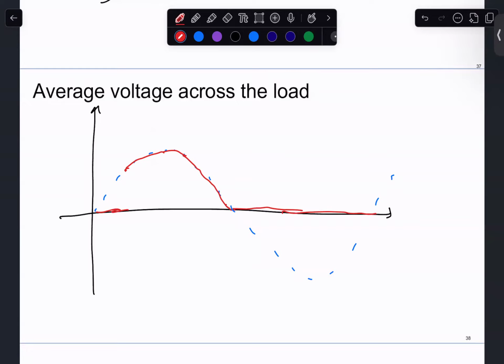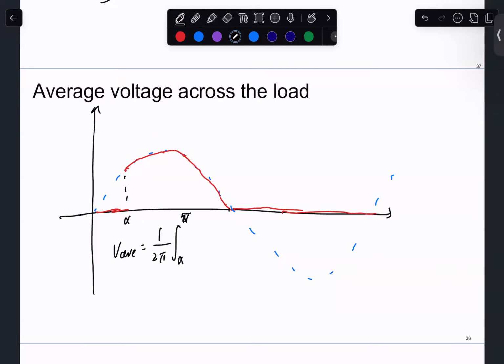So think of alpha as an angle, where we turn on at some angle, and the source still has a period of 2 pi. But instead of integrating from 0 to 2 pi, we're integrating from alpha to pi.